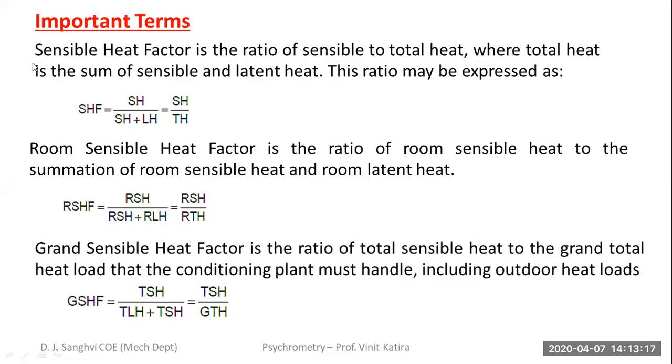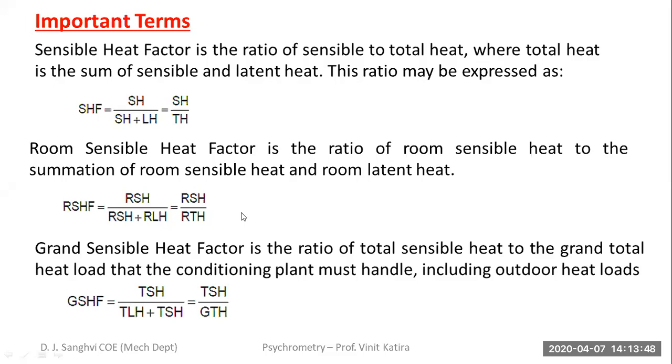Okay, for example, if it is your bedroom, then you will have to consider the solar radiation that's coming inside, the conduction through the walls, the heat emitted by the equipment, devices, etc. Okay, so this room sensible heat factor is related to the room which is supposed to be cooled. So it holds the same formula, that is the room sensible heat upon room sensible heat plus room latent heat.